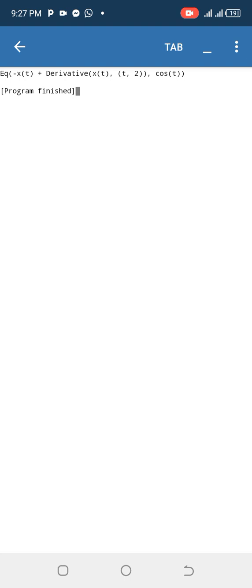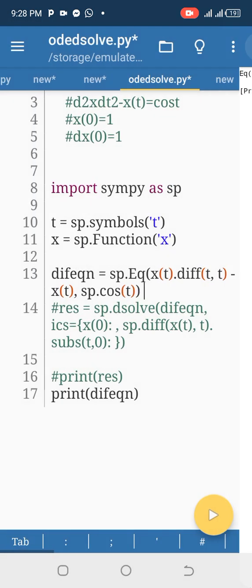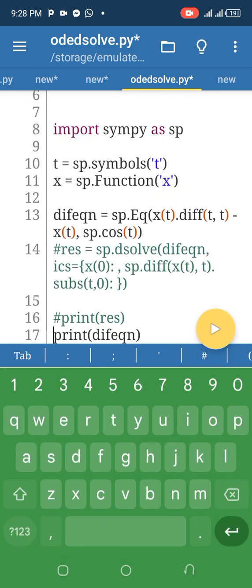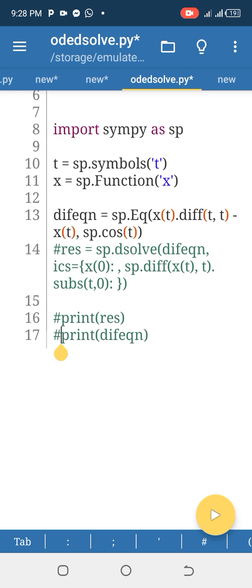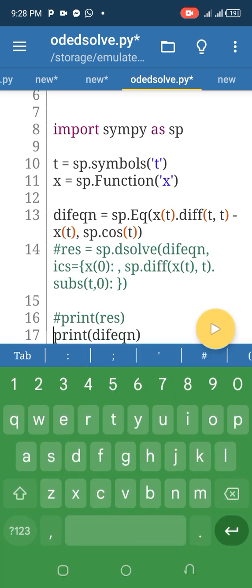It is telling us that we have minus x of t plus the second derivative, meaning the second derivative of x with respect to t, then comma, it is equal to cosine of t. So it is telling us we are on the right track. So we can proceed, and we can maintain our print of that equation.